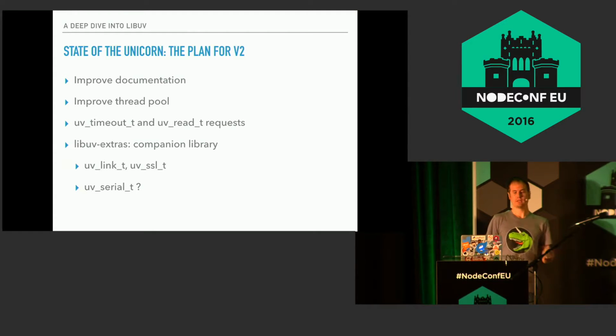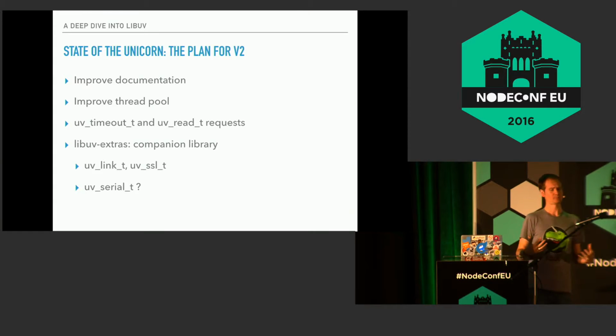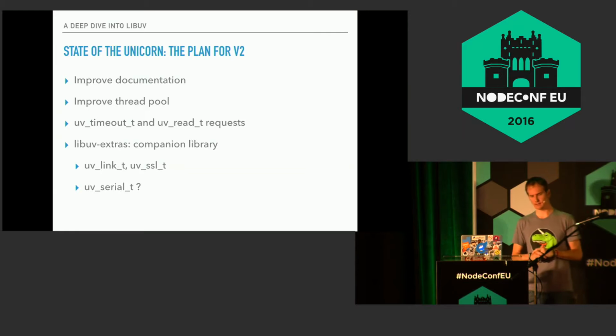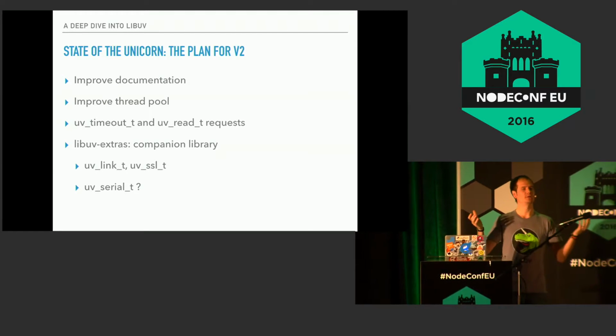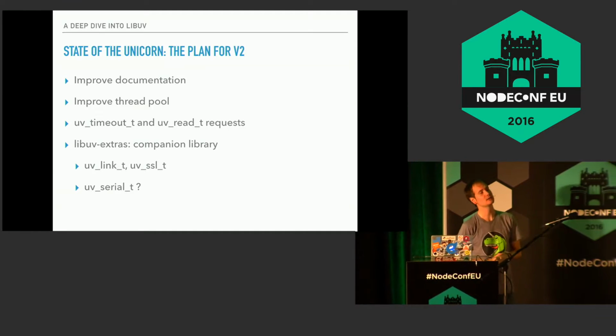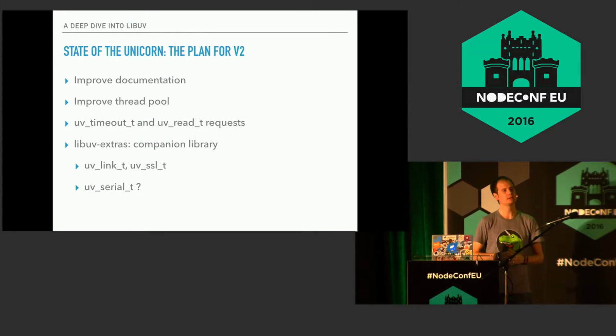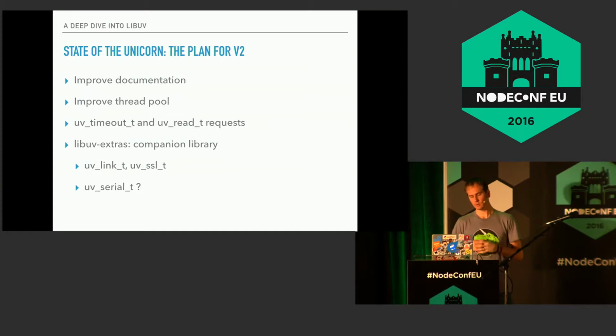Another interesting thing would be a companion library, libuv extras. One of the things that Node might be interested in is uv_serial. This is sort of up in the air, but actually Saúl put out a project for the Outreachy program, and there is a student who applied for it. So we'll be working with her so that hopefully this actually works.